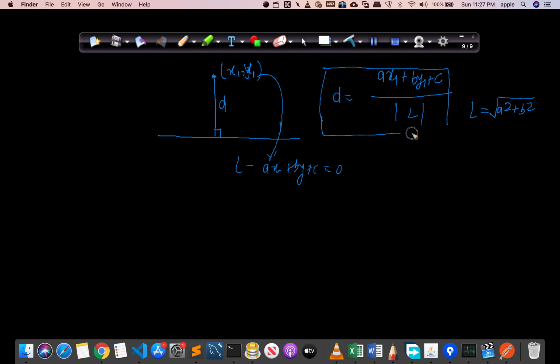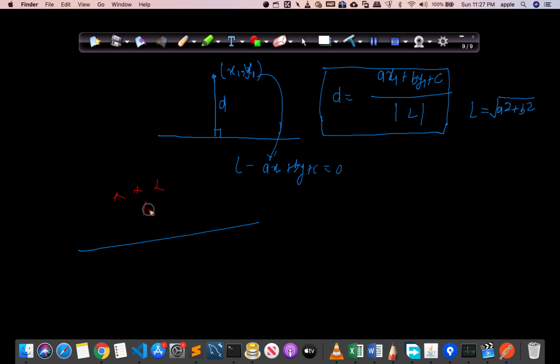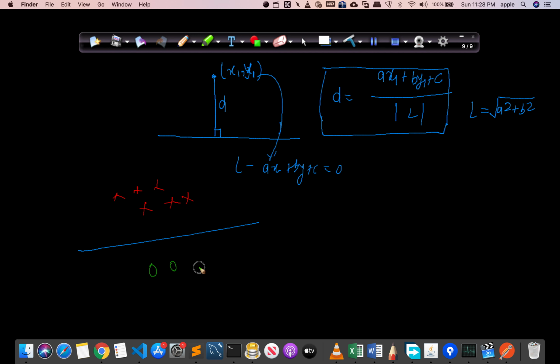Now you must be thinking why we are doing this, so I will tell you. Suppose this is the line and these are our points. The farther the points are from this line, the better the classification. Just see here.